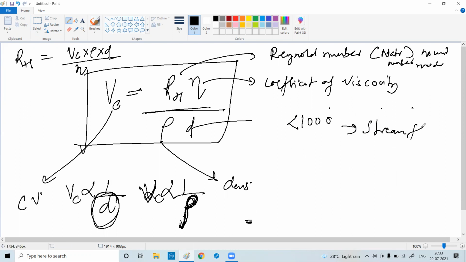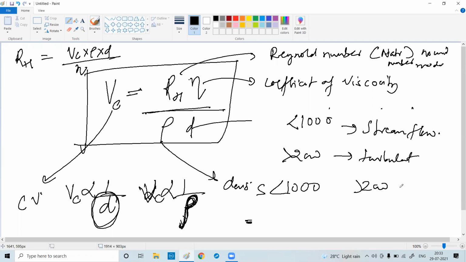But 2000 and more, it is turbulent. That means less than 1000 is streamlined, greater than 2000 is turbulent.